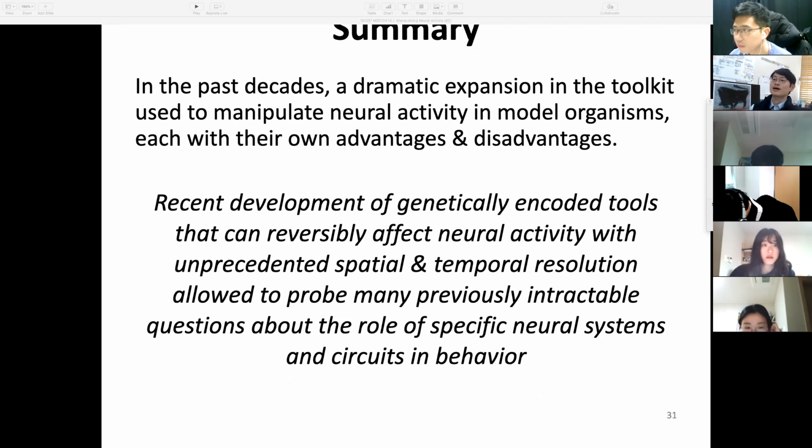All right, let's summarize. In the past decades, there has been a dramatic expansion in the toolkit used to manipulate neural activity in our model organisms, and we have to know their own advantages and disadvantages.